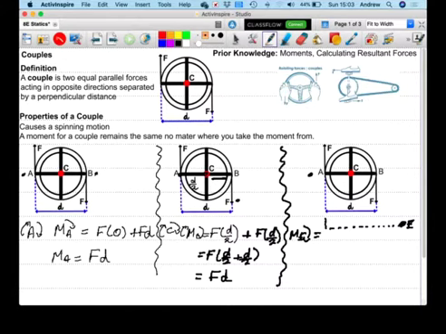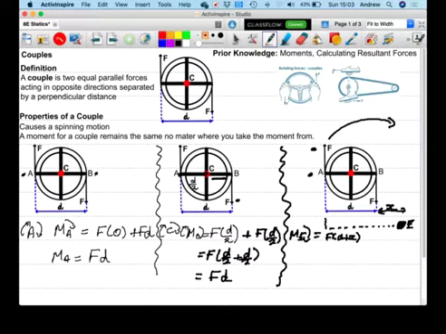I need a non-specific distance, so I'm going to choose the distance out from here to be x, which symbolises any distance. What's the distance of the F here from E? The perpendicular distance is going to be D plus x. So it's going to be F times D plus x, and it's going in the clockwise direction if E is the swivel point.